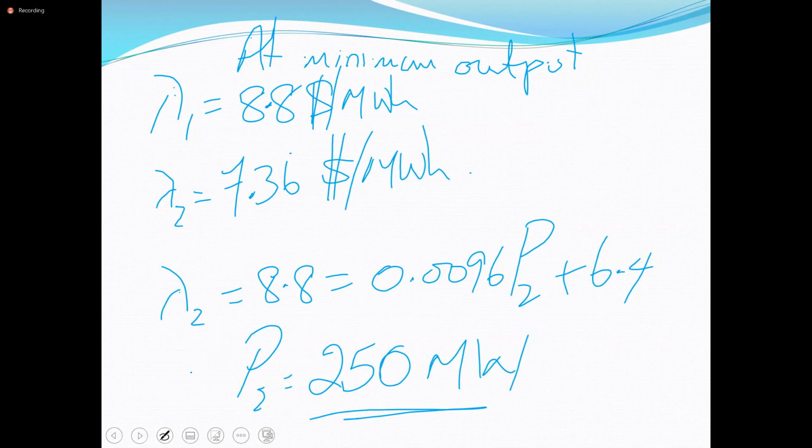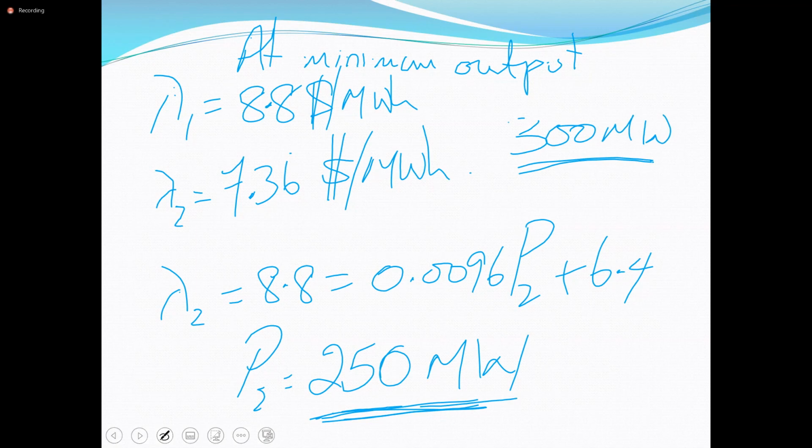Given that P2 would have to produce 250 megawatts before it becomes as inefficient as unit 1, we are supplying 300 megawatts. So how much additional megawatts would we take from unit 2? 50, sir. Think about it carefully, Miss Michael.